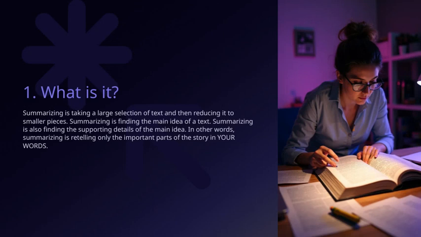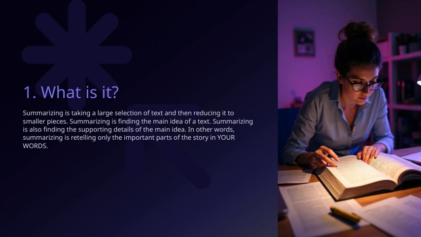When we talk about summarizing, we're referring to taking a large piece of text and reducing it down to its most essential parts. The goal is to find the main idea, what the text is really about. But it's not just about the main idea, it's also about identifying the supporting details that help explain or prove that main idea.